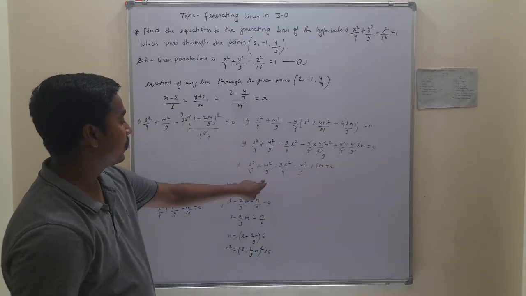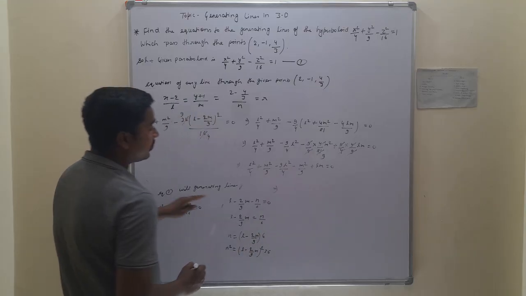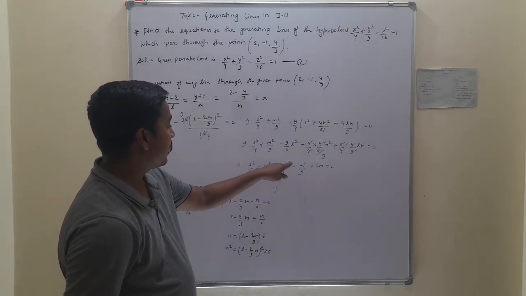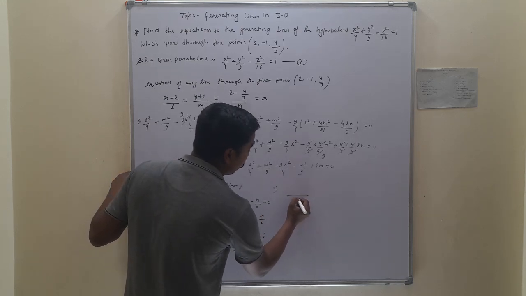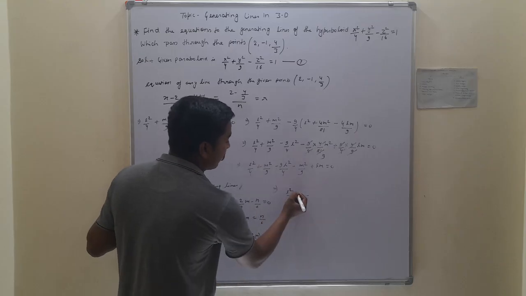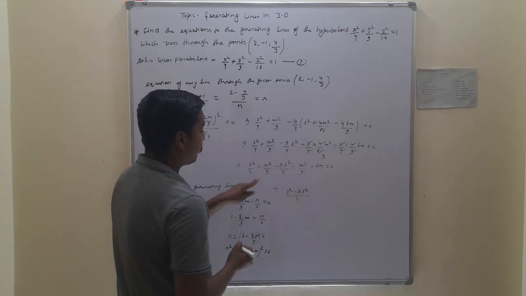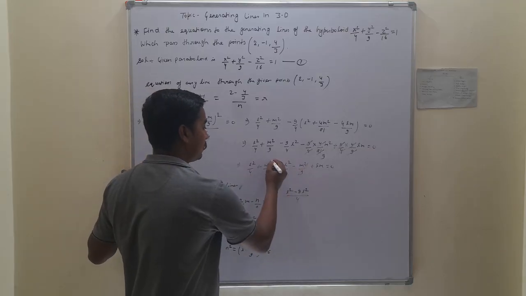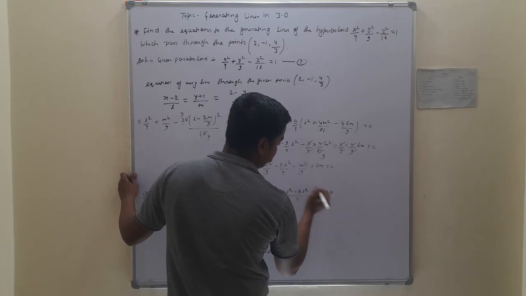Further we can also solve taking l square by 4 and minus 9 l square by 4 in one bracket, taking LCM 4, and this is l square minus 9 l square, and plus m square by 9 and minus m square by 9 cancel out, and plus lm is equal to 0.